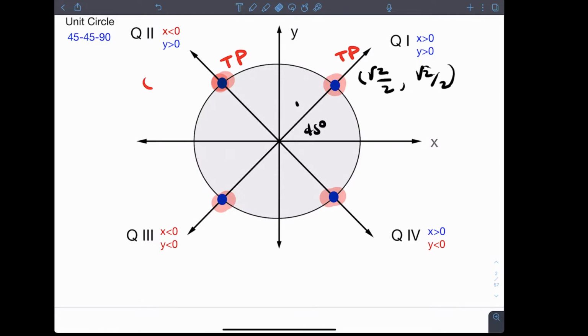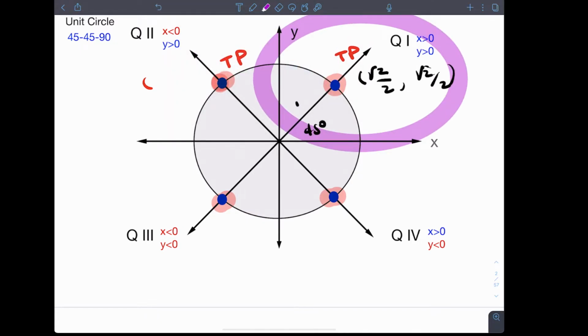Once you get quadrant 1, here's my point to you guys. Quadrant 1 is geometry. Quadrant 2, 3, and 4 are trig. So once you get quadrant 1 information, what do you guys get here? Negative square root of 2 over 2 and what? Positive square root of 2 over 2. Is that true? All right, good job.